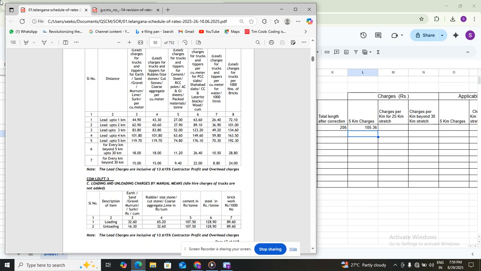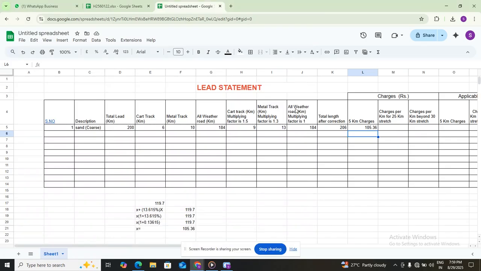We need to go to Excel. 18 divided by 1.13615 is 15.84 per kilometer. Okay, the charge per kilometer for the 25 kilometer stretch, from 5 kilometers to 30 kilometers, is 15.84 rupees per kilometer.